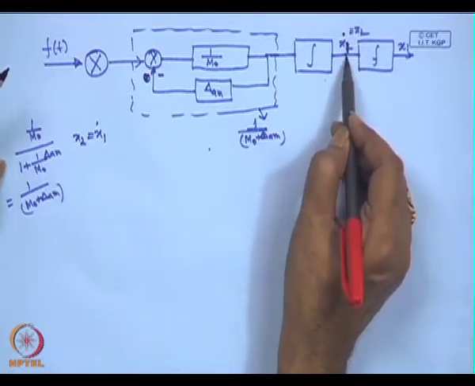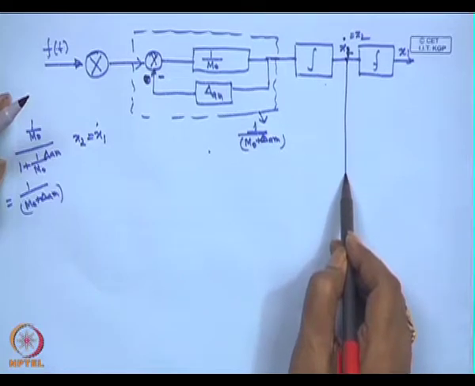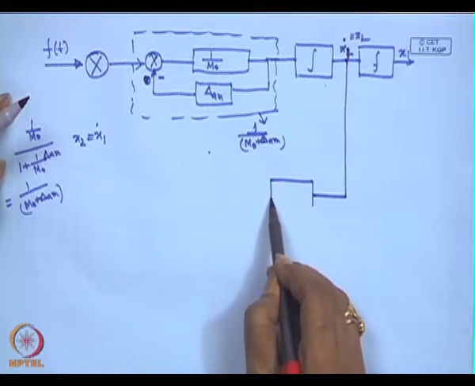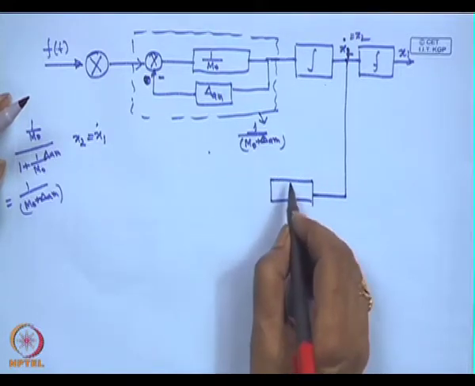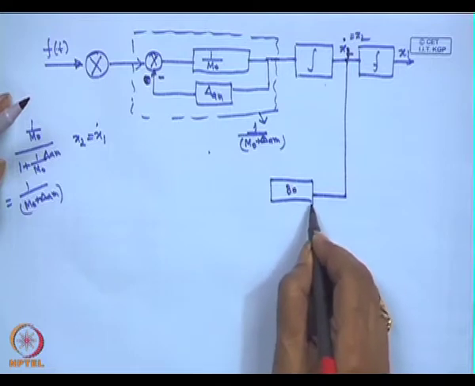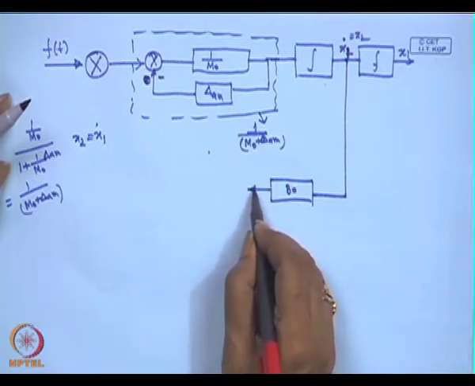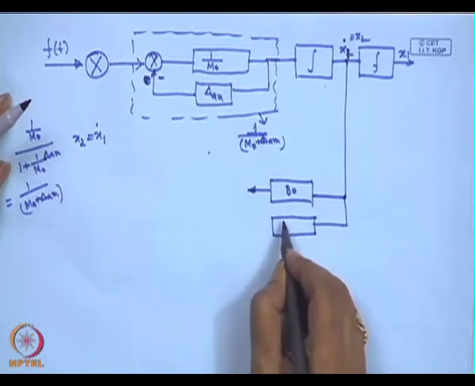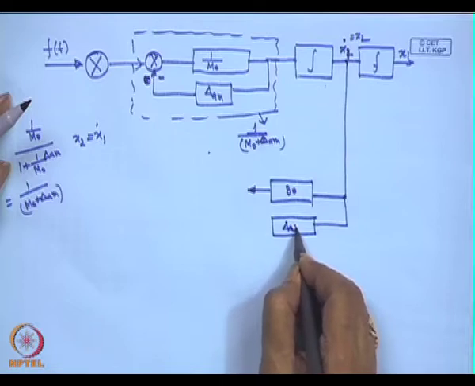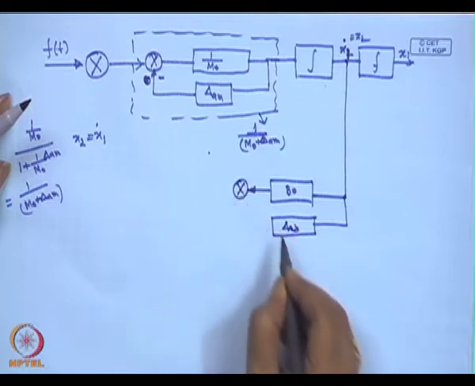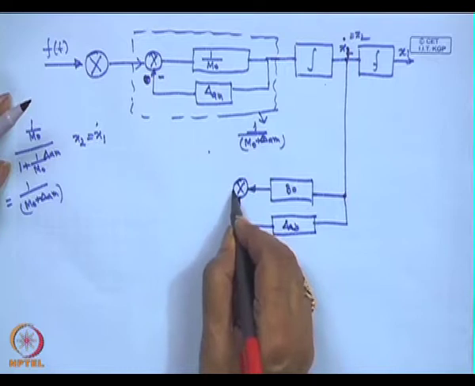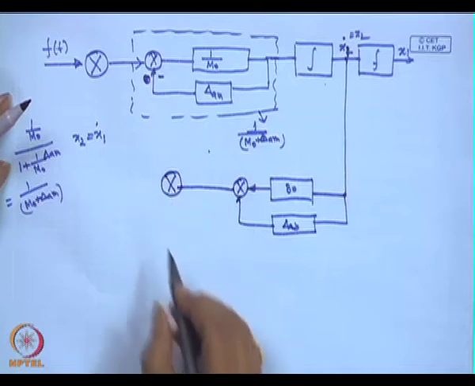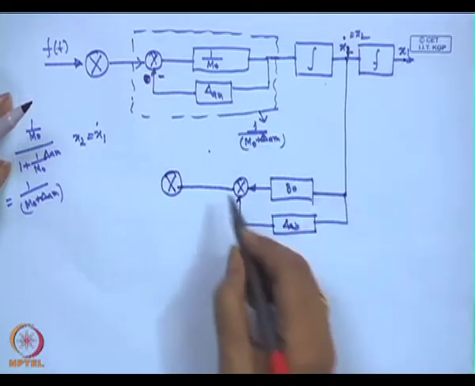So, this is our x 2. x 2 is multiplied by this block, which is B 0 plus delta A B. What is this block?